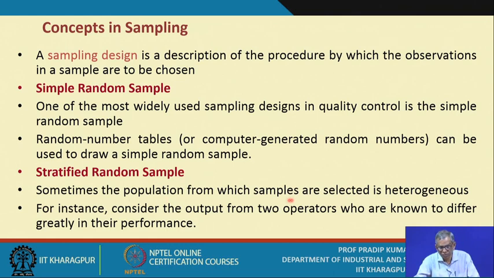Sometimes the population from which the samples are selected is heterogeneous. Suppose in the population of persons, there could be the male population and there could be the female population. This is just one example.